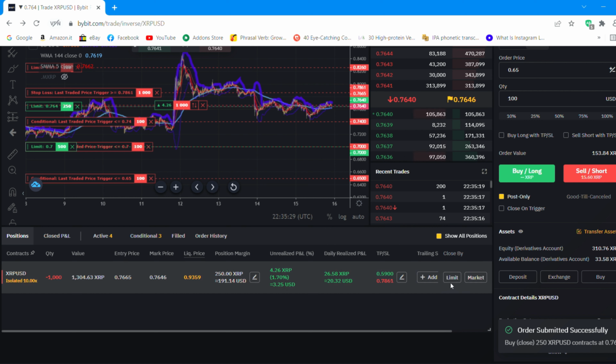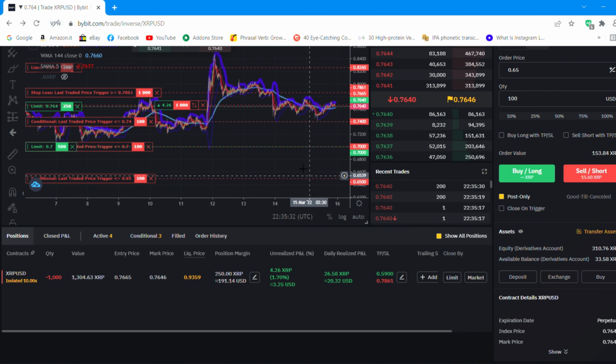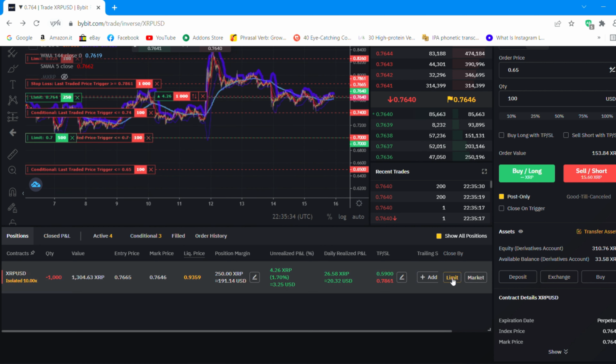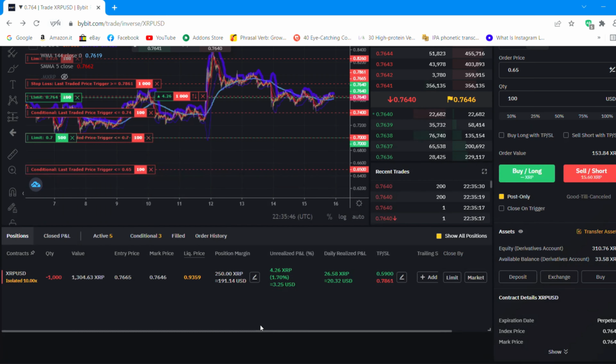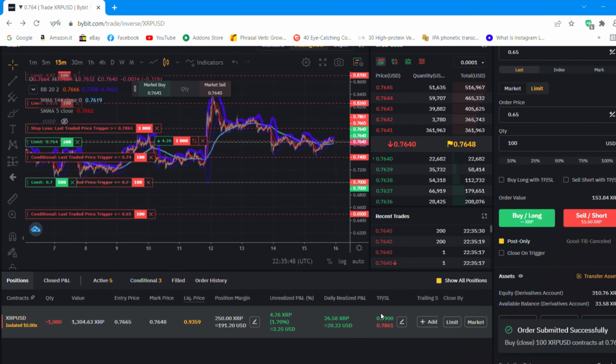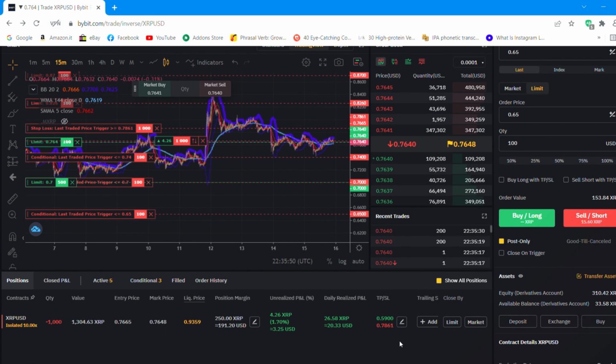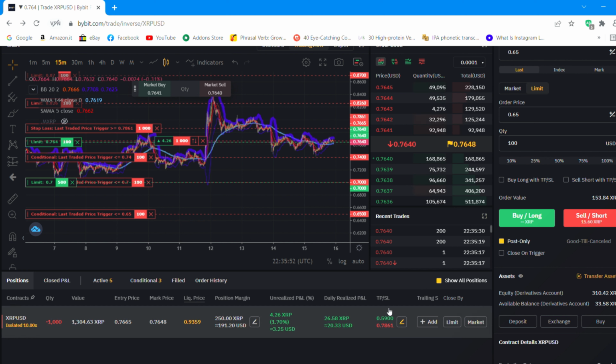And then at 62, let's say I will close maybe 10%, which is 100, post only. And then that would leave only about 100 for the final take profit.